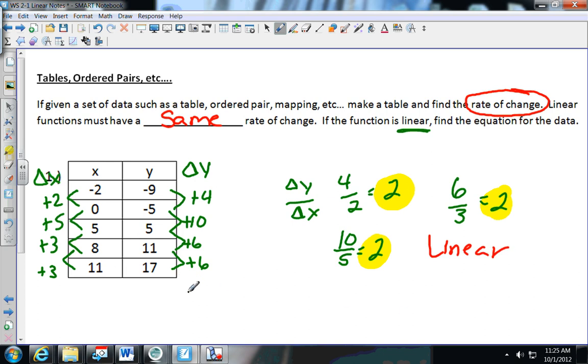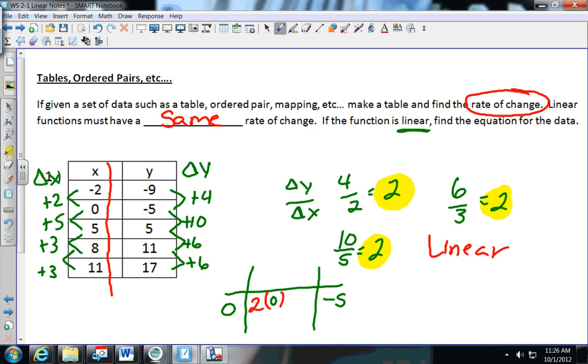So what it asked you to do was to find the equation of the line if it did. Well, I'm going to just kind of draw a line in here. What you really should do is make a table that's bigger, like going out here. And I told you my favorite number is 0, so I'm going to use 0, -5. And I'm going to put the coefficient in there, that delta y over delta x we found here, 2, times the x number, which is 0.